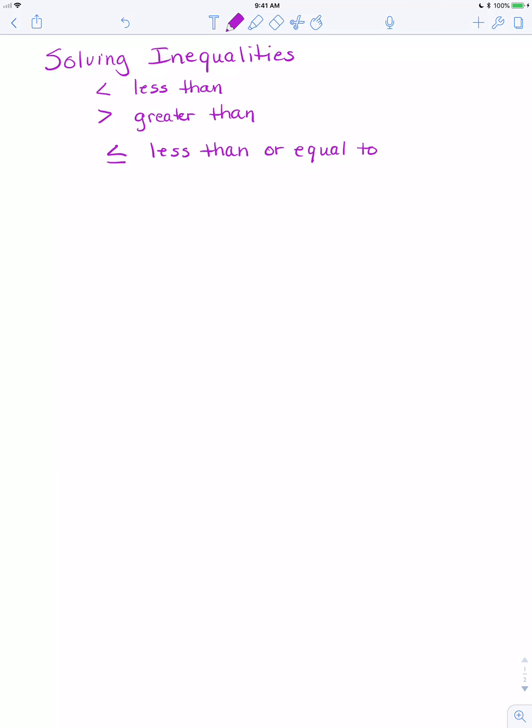It's everything less than that number, or greater than or equal to. That means that number is included there also. So just remember, if we have something like x is greater than 2, and we were going to graph that on a number line.